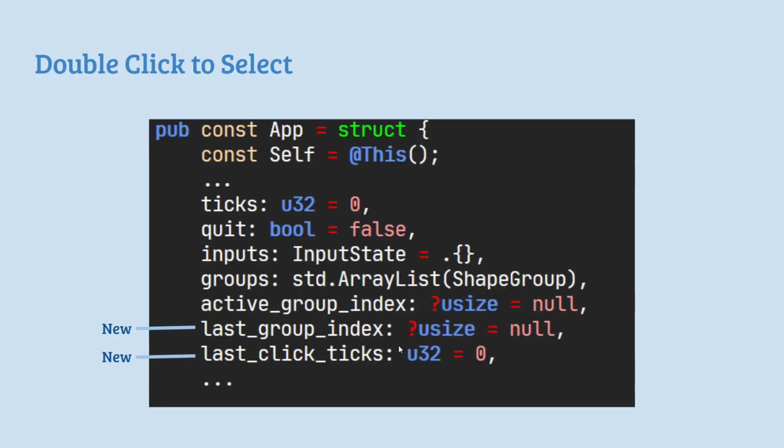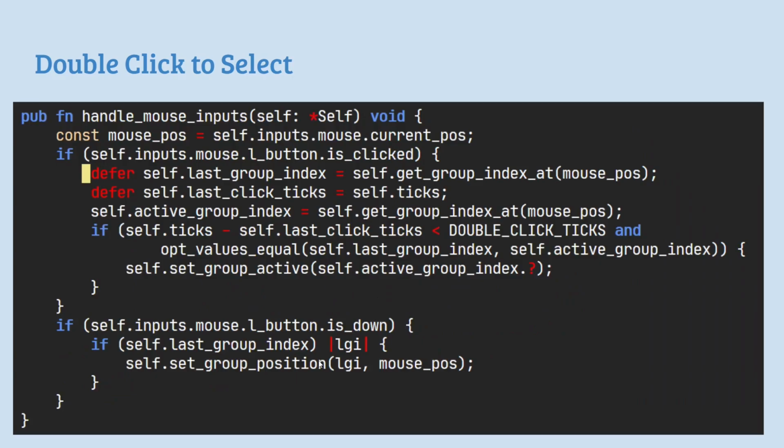Because if we double click on two separate groups, we don't want either to be selected. And also if it takes too long between clicks, we don't want to trigger that as a double click.